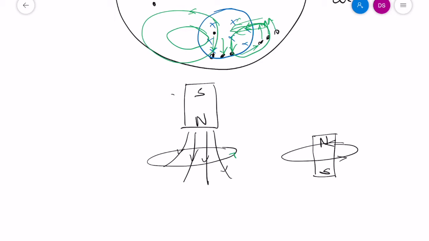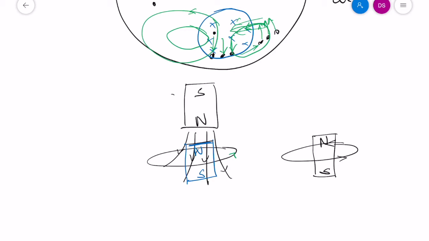That makes sense? The loop is going to act like a small magnet as a result of the current produced in the loop, which repels the incoming magnet. So what's going to happen to the incoming magnet? It will slow down, right? Because of the magnetic repulsion from the loop.